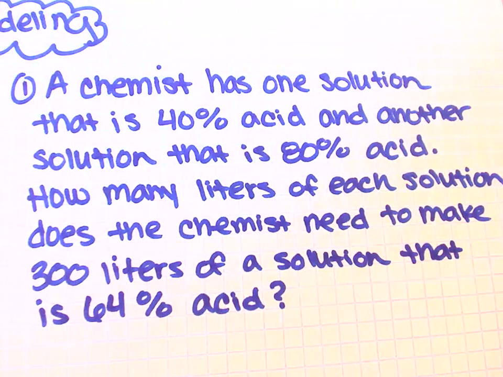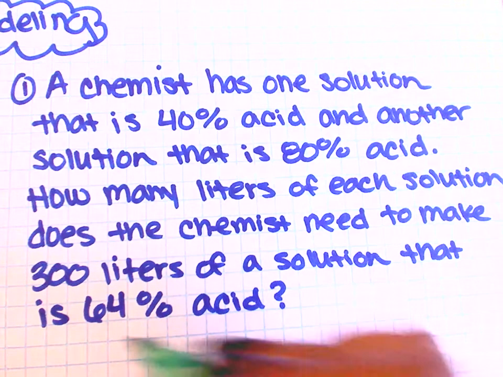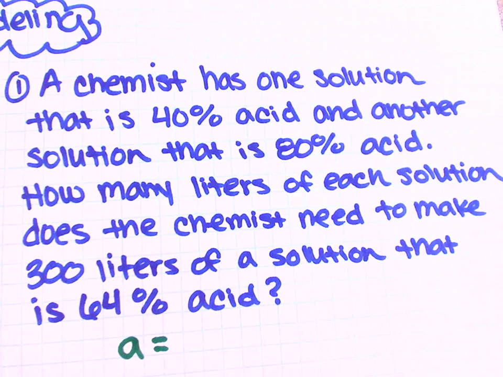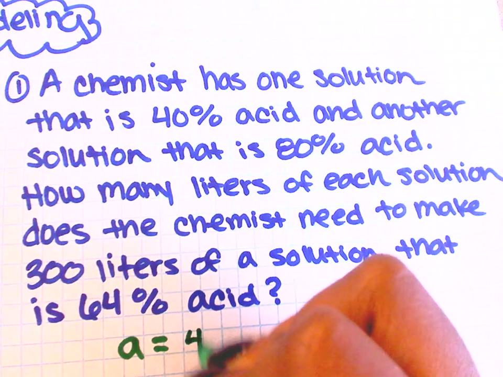Okay? So let's call the acid, let's see, A. How about that? All right, so let's represent our acid as A. And let's see, the first liter of acid is 40% solution. So this is the 40% one.